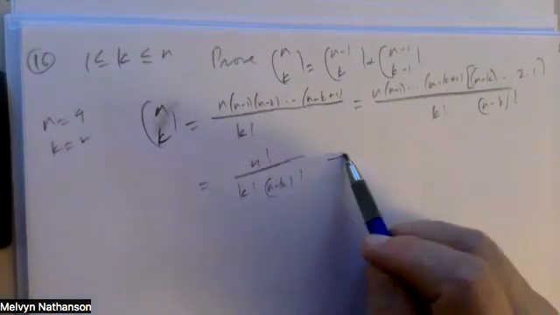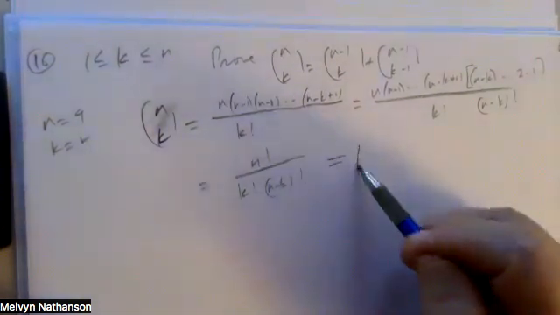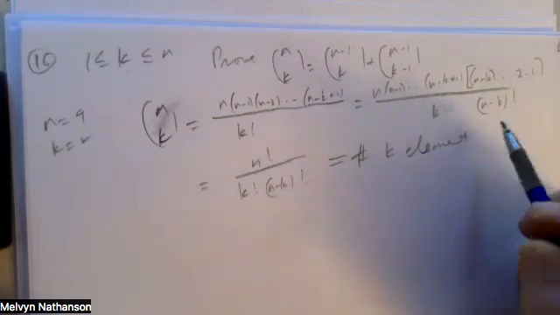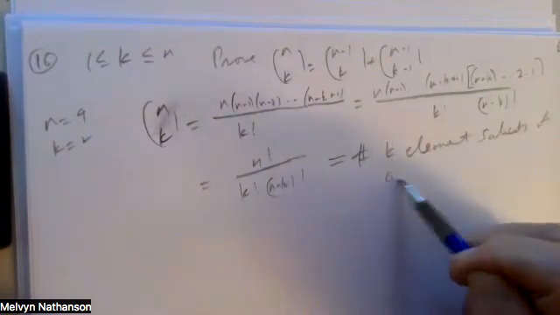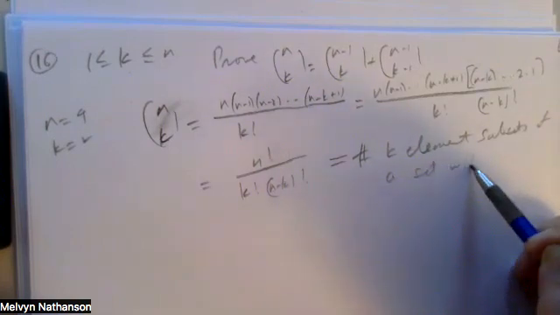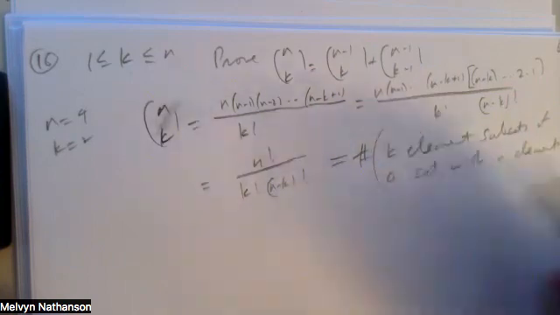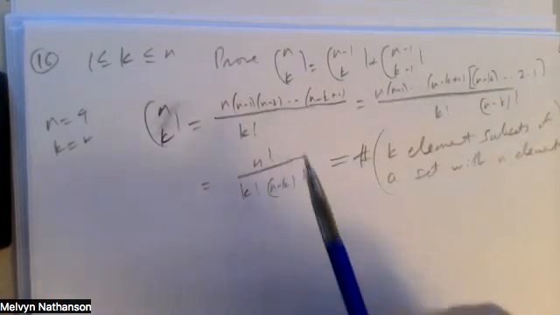And there's another combinatorial interpretation of this. This is the number of k element subsets of a set with n elements. Okay. Let's just stick with this formula right here.